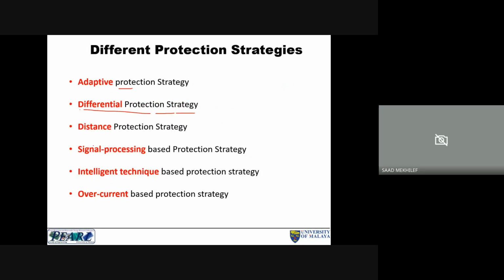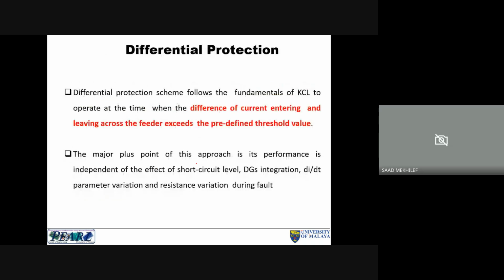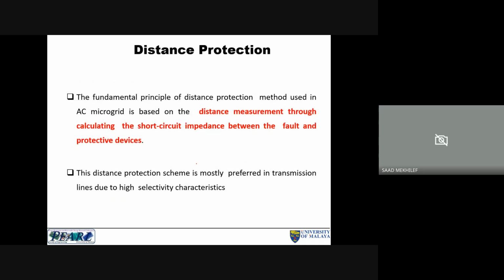The other strategy is what we call distance protection. In distance protection, the fundamental principle of this protection method, used in AC microgrids, is based on distance measurement through calculating the short circuit impedance between the fault and the protective device.